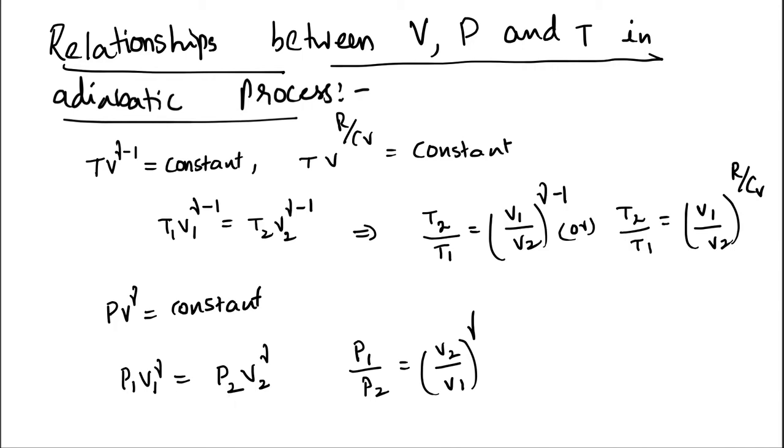Now let's see. We know that pressure and volume relate in the adiabatic process like this. Now let's take the one mole ideal gas equation, that is PV equal to RT.